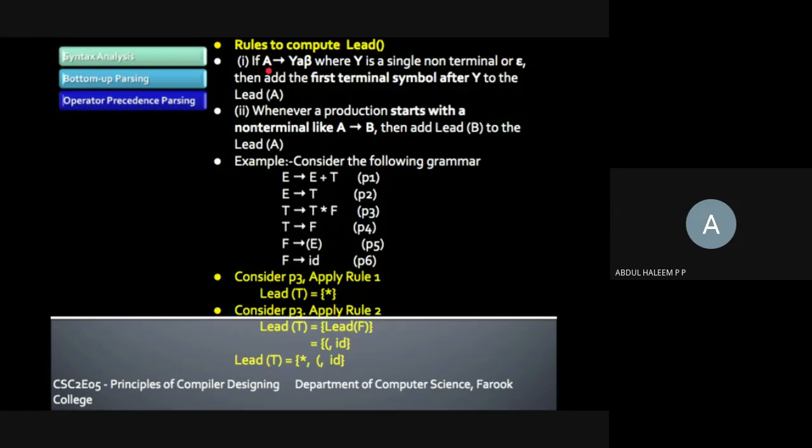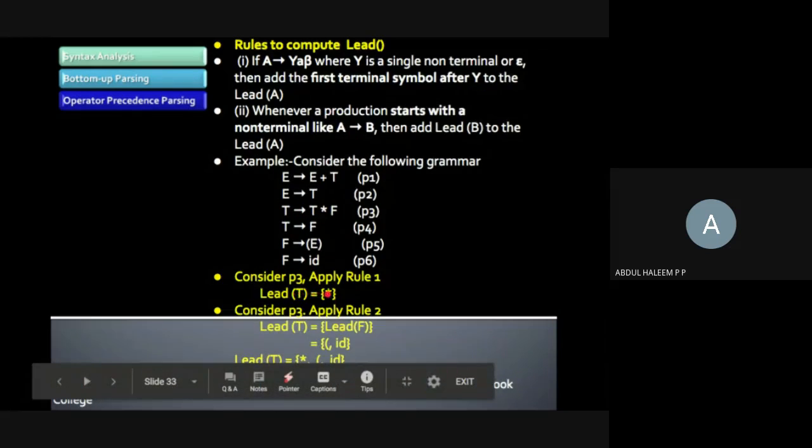If A derives Y a beta, where Y is a single non-terminal, T is a single non-terminal. So Y takes the position of T here. After Y we have a. After T we have star. So one element of LEAD of T is star.